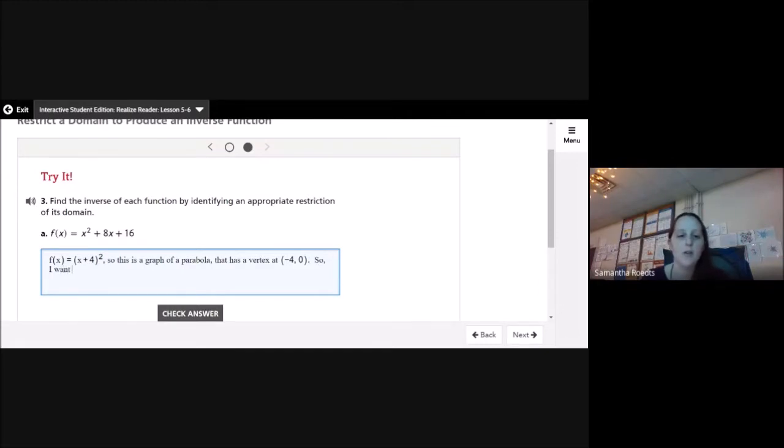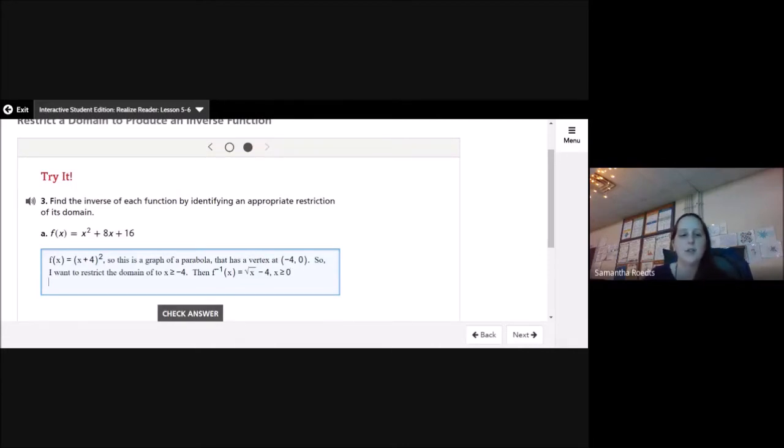So I want to restrict the domain of f to x is greater than or equal to -4. Then f to the -1 of x equals the square root of x minus 4, where x is greater than or equal to 0. Again, I got this by substituting.